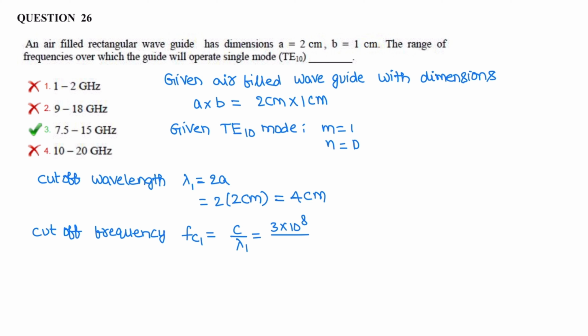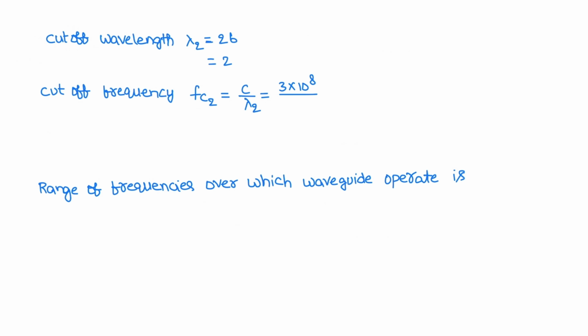Now we need to calculate the cutoff frequency FC1 to find the range of frequencies. FC1 is C by lambda 1, 3 into 10 power 8 by lambda 1, which is 4 centimeter. 1 centimeter is 10 power minus 2. Its value is 3 by 4, that is 7.5 gigahertz. Now the second wavelength lambda 2 is 2b, where b is 1 centimeter.